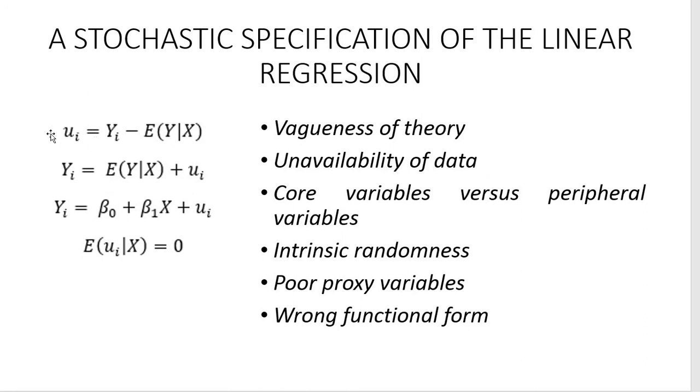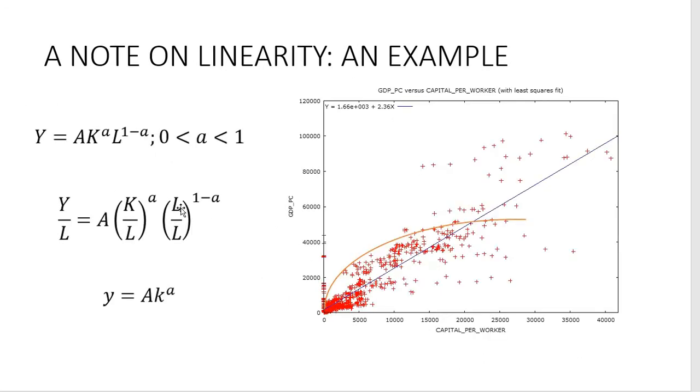So again, the error term is the difference between the empirical value of the dependent variable and the expected value of the dependent variable. So this is how you can specify it. This is just some kind of rearrangement when you take the empirical value of the variable as the sum of the expected value and the error term, which of course can be both positive and negative.